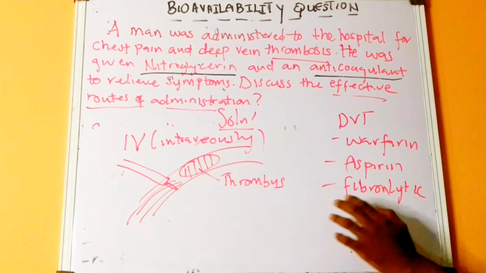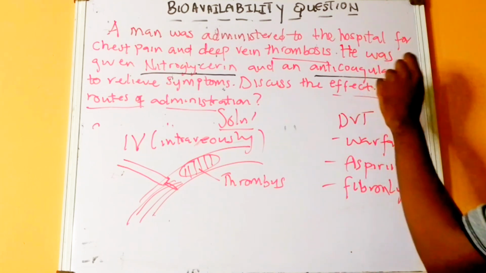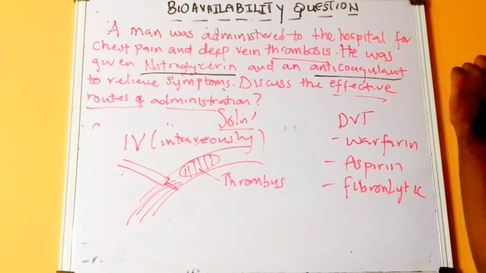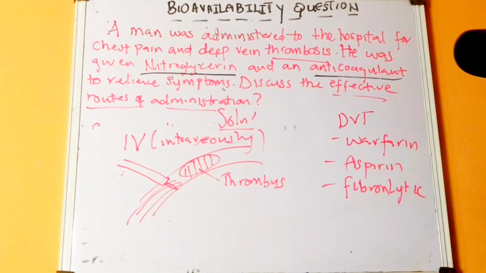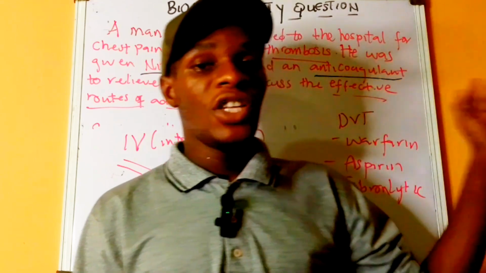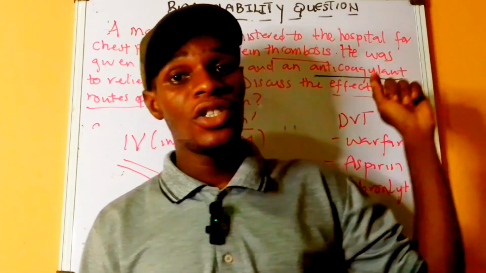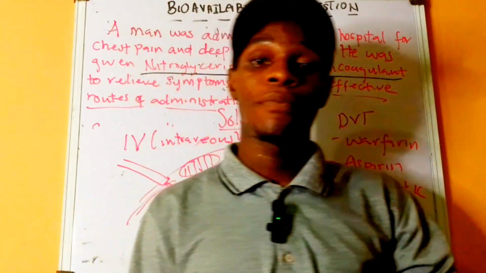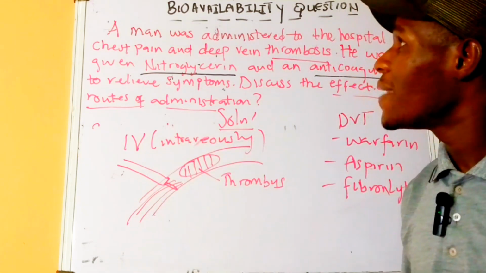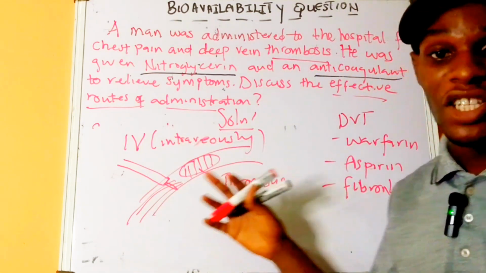So for this question: anticoagulants given intravenously, nitroglycerin given sublingually. You can also watch videos on first pass effect and on routes of administration to learn more concerning bioavailability, first pass effect, and routes of administration.